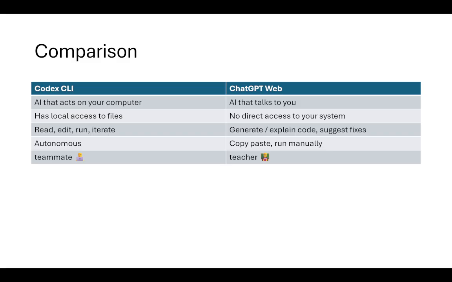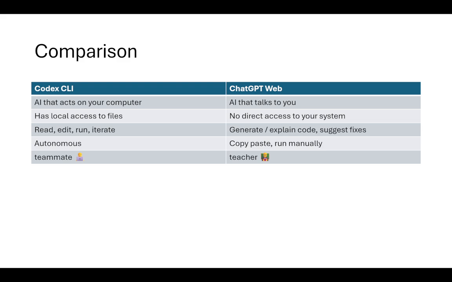Okay, so Codex CLI has complete local access to your files, right? ChatGPT web doesn't have direct access to your system. In Codex CLI, you can read, edit, run, and iterate. Okay, in ChatGPT, at most you can generate or explain code or suggest fixes. Codex CLI is that way autonomous, right?